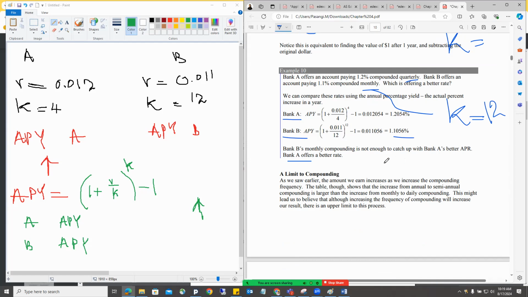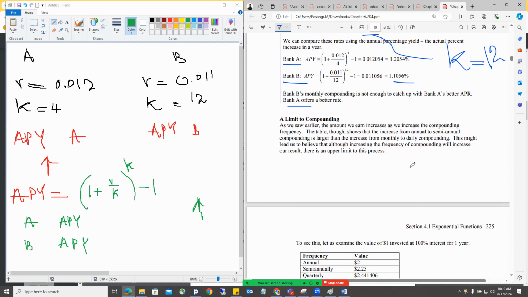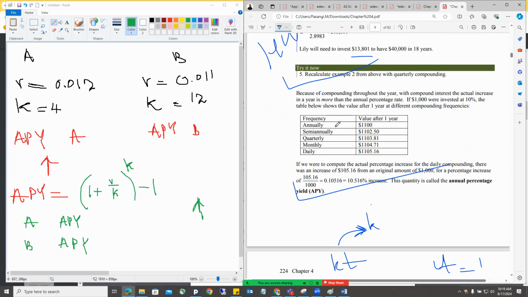Yes. Okay. So the last theory part of this section, a limit to compounding. There also we have a few limitations to consider. As we saw earlier, the amount we earn increases as we increase the compounding frequency. So if you check the previous example, annually we are calculating the entire interest only one time, so we are earning only 1,100.